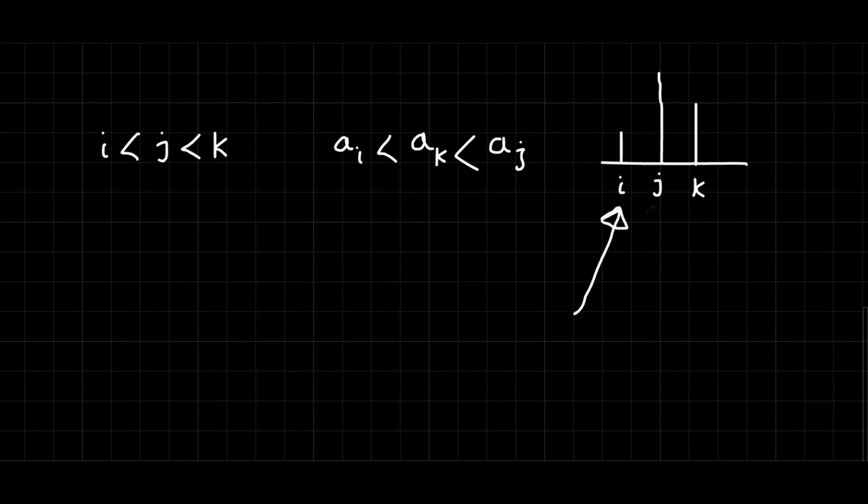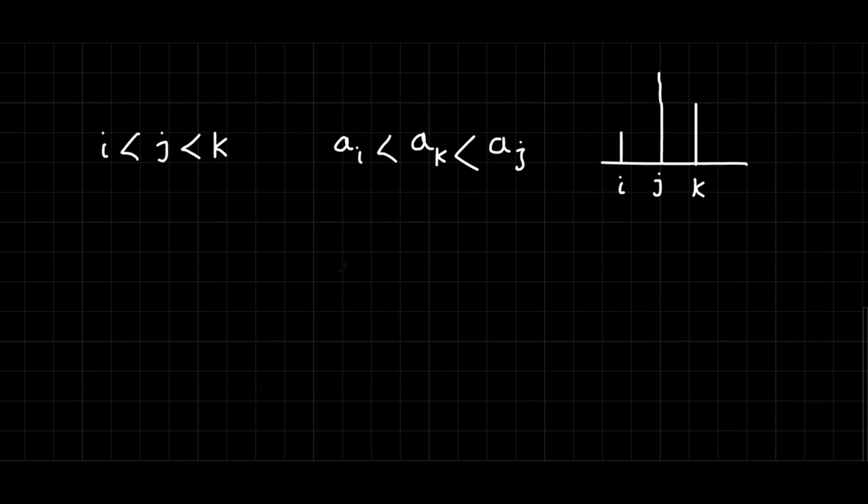Here, the middle integer j will be greater than the first one and the last one, and the last integer k is in the range of the first integer i and the second integer j, because a of k is greater than a of i and less than a of j. Now the problem is, how can we solve this problem?